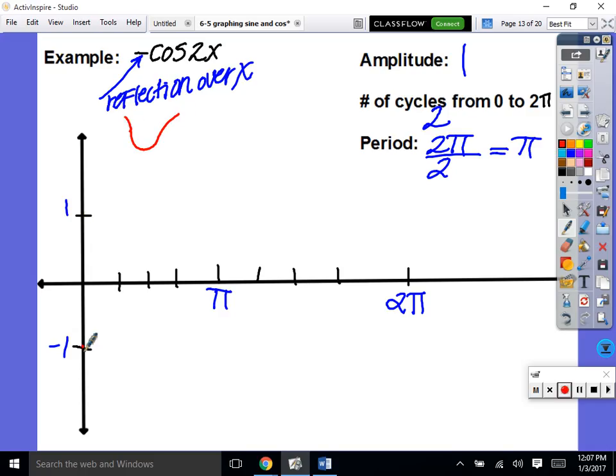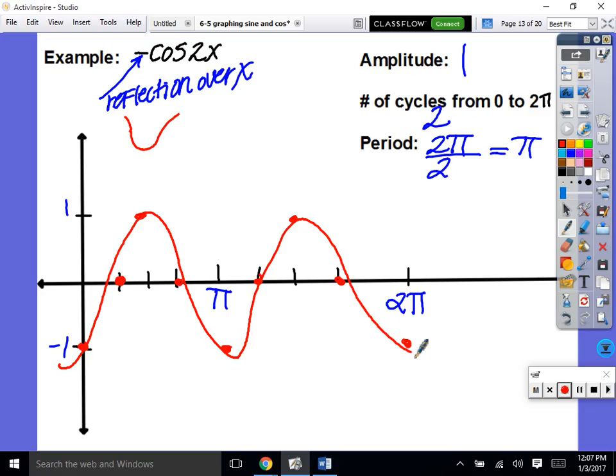We're reflecting that point. 0 will stay over 0. This used to be down here. We're now reflecting it, so it'll be up here at 1, 0, negative 1. Same thing. 0 up to 1, back down to 0, and down to negative 1. So we have our 1 cycle, 2 cycle.